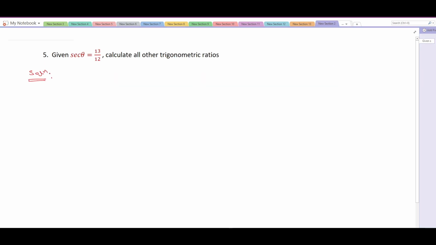Solution. Given sec theta equal to 13 by 12. Since cos theta equal to B by H, sec theta equal to H by B. Let this be equal to k, where k is a positive number.